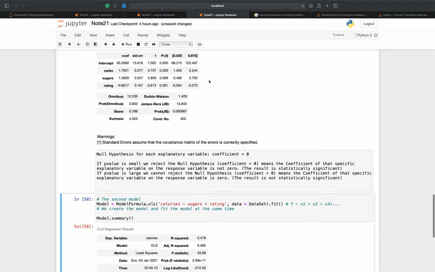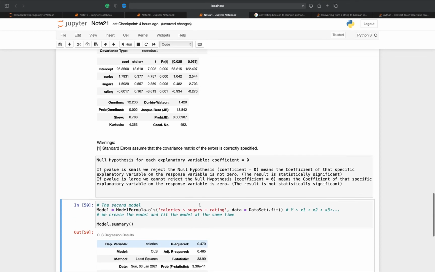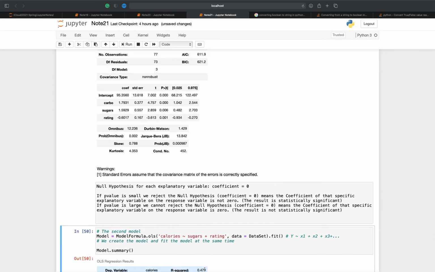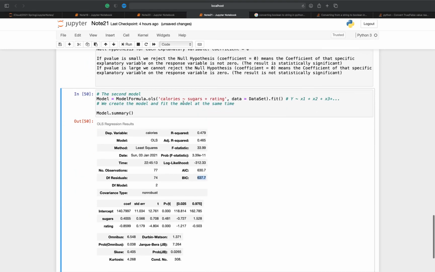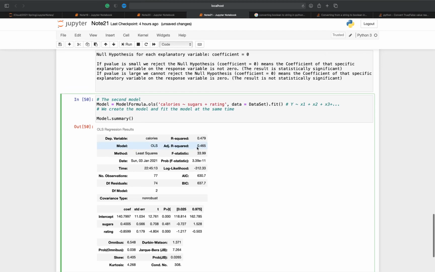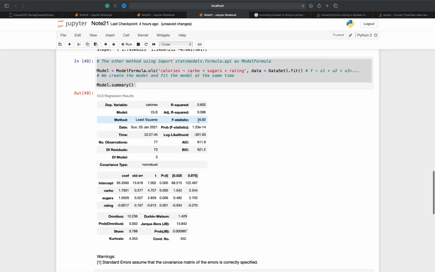So what this means is we didn't improve the model, we ruined the model. Look at R square: it is almost 48, but R square here was 60. So with carb in the model, it was a much better explanation compared to now when I don't have it. And the adjusted R square also got much worse compared to this one.